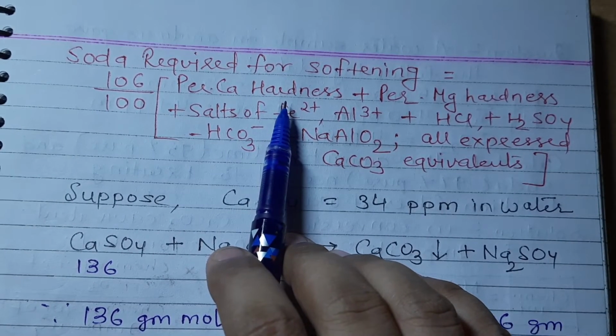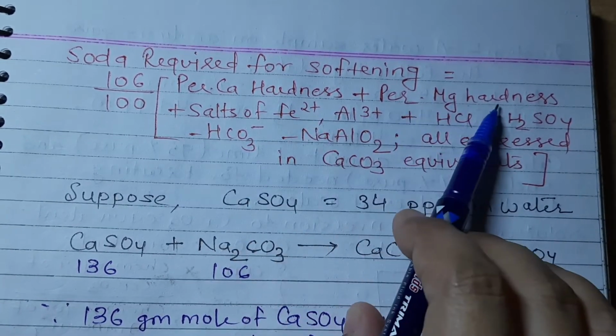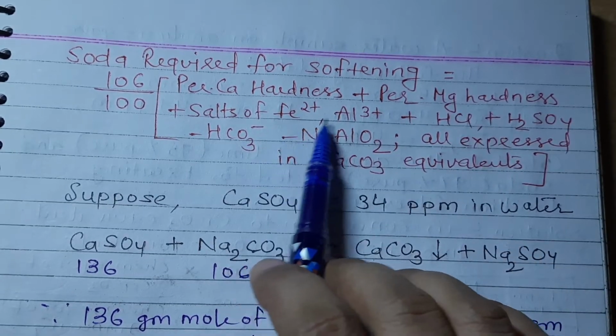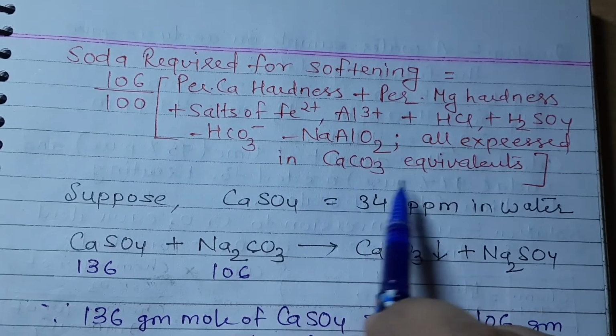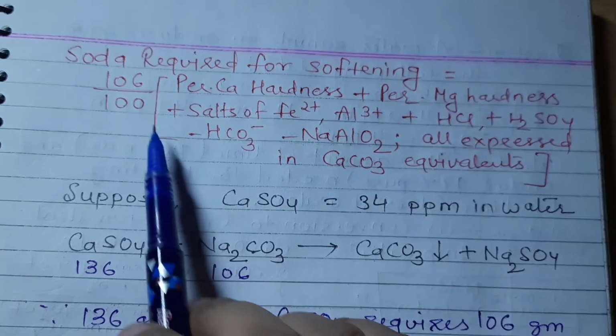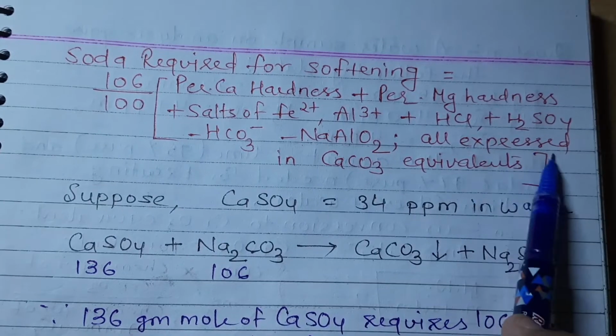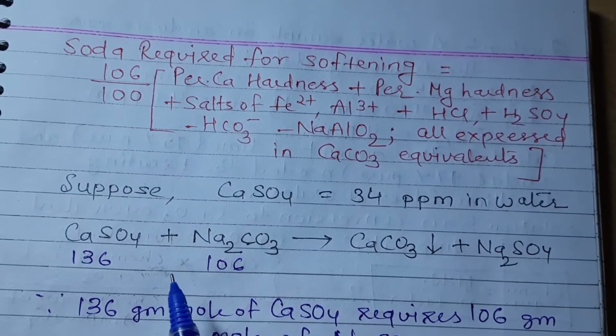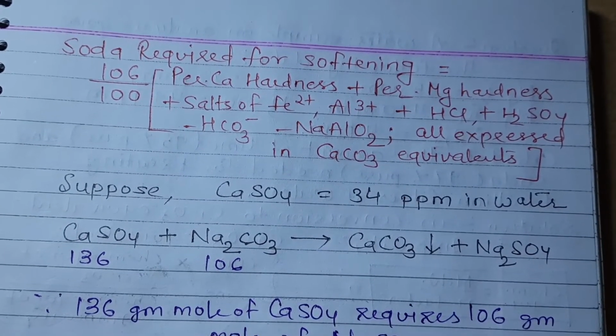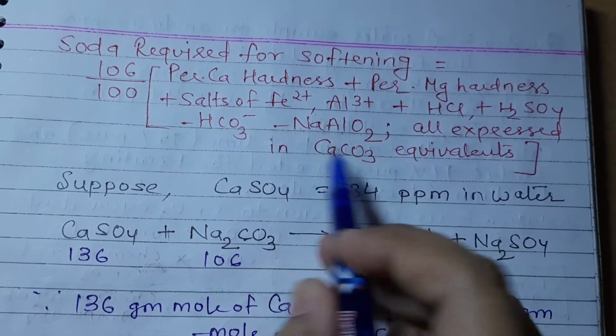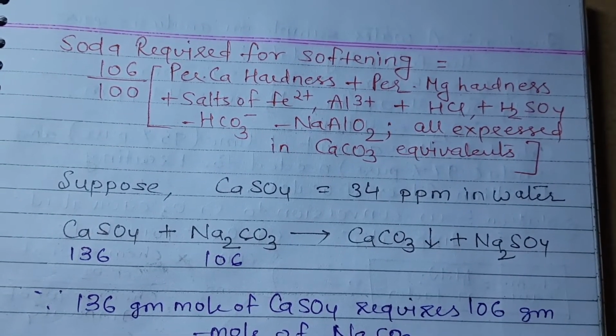Similarly, this expression can be derived for permanent magnesium hardness and salts of Fe2 plus, Al3 plus and all these impurities, and we can take common this 106 upon 100 and put it outside the bracket and this formula is derived. So here we took the example of calcium sulfate and we get this formula for soda requirement.